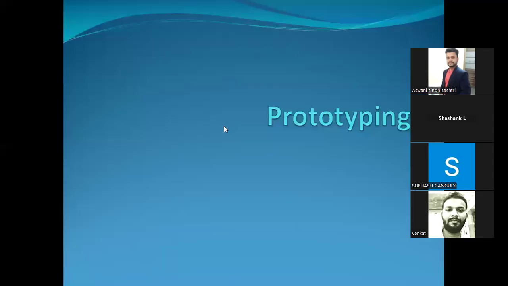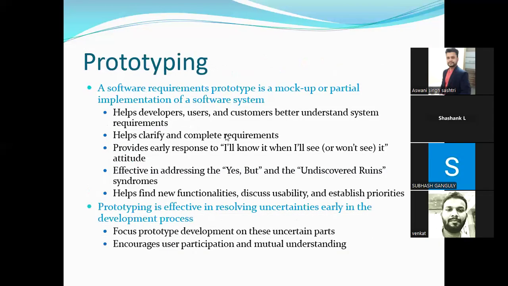Okay, the next is prototyping. Shashank, can you please read this prototyping? Prototyping. A software requirements prototype is a mock-up or partial implementation of a software system. It helps developers, users, and customers better understand system requirements, helps clarify and complete requirements, and provides an early response to the "I will know it when I see it" attitude.